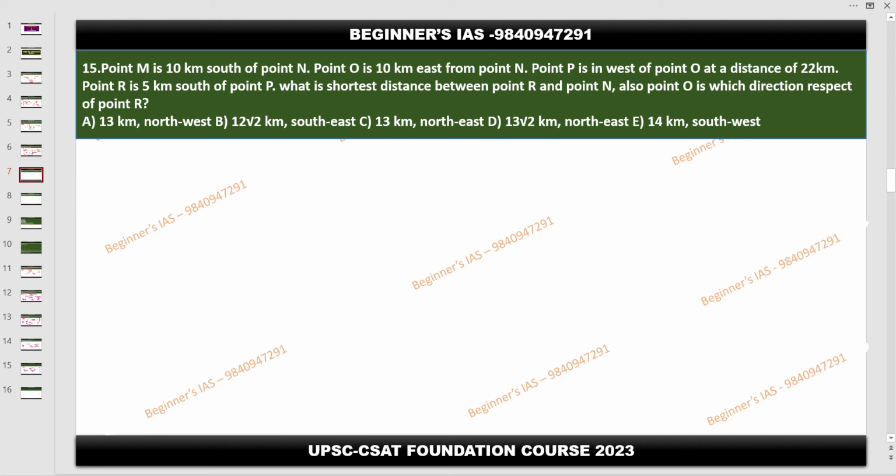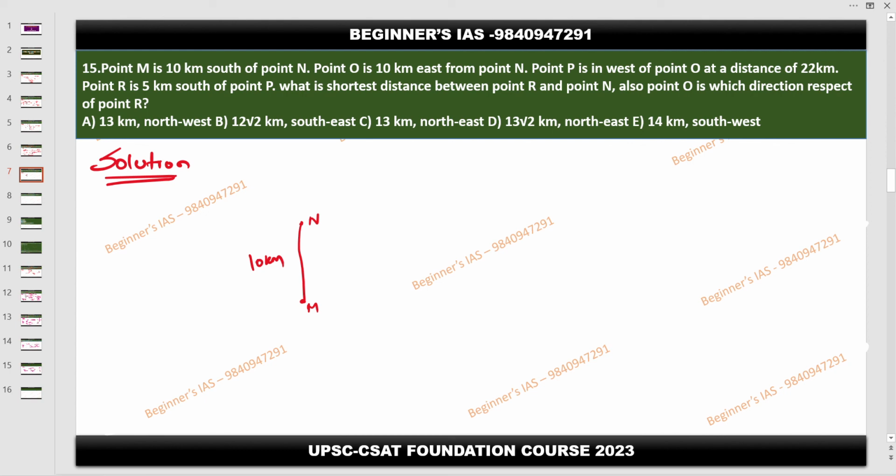So now listen. Let us see the question solution. Point M is 10 km south of point N. Therefore, N here, this is M, 10 km.